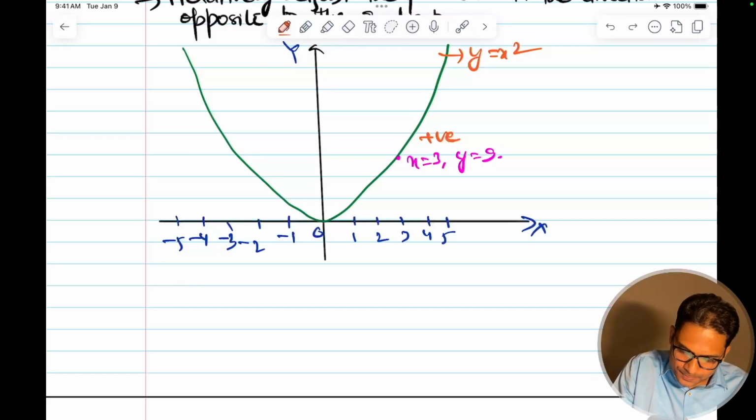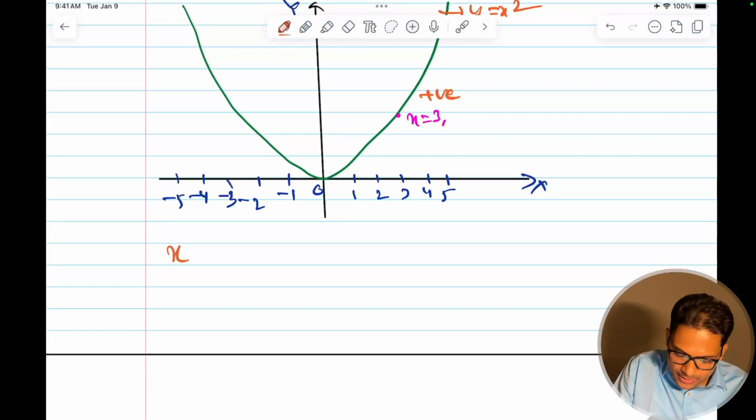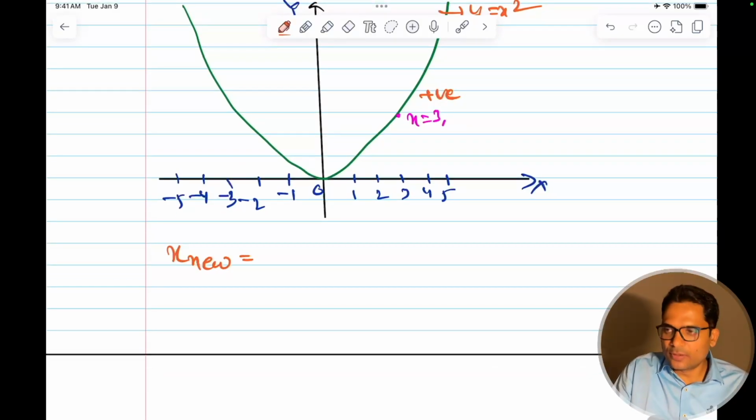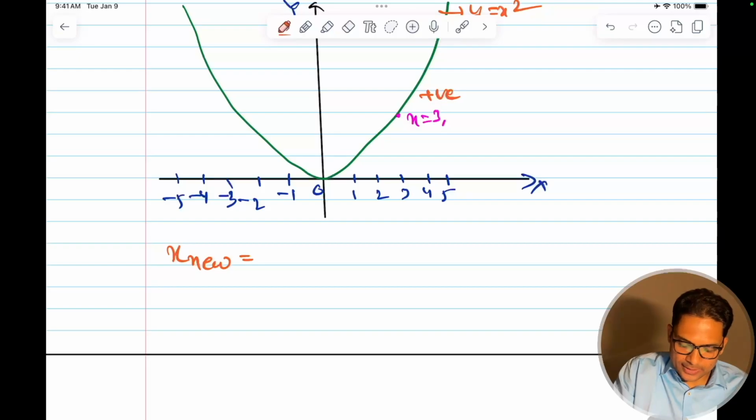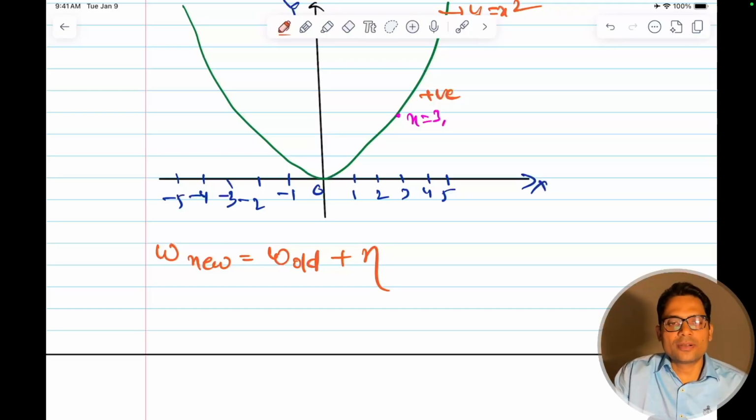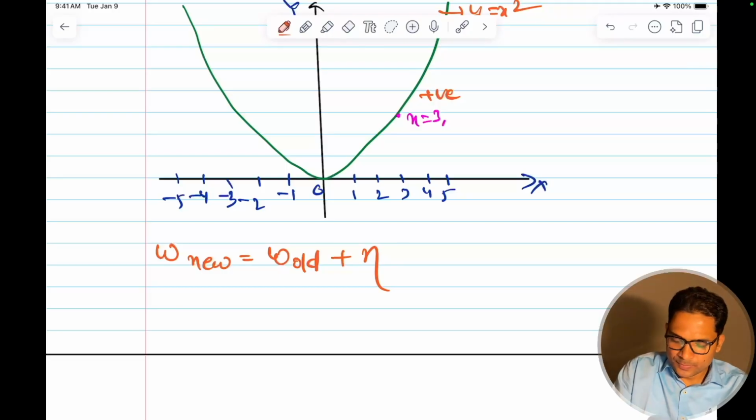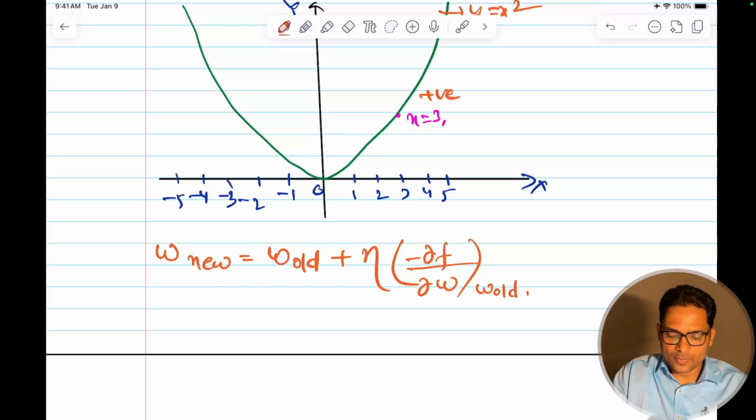What is the formula like? The new weight, since we are adjusting the weights, is equal to the old weight plus eta times minus dou f by dou w at the old weight. Here eta is your learning rate, we'll discuss this also.